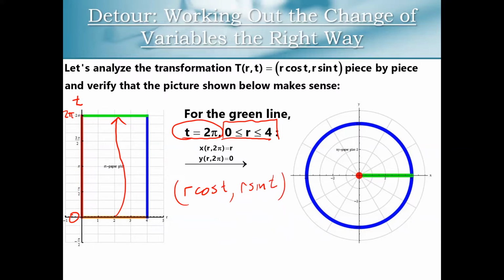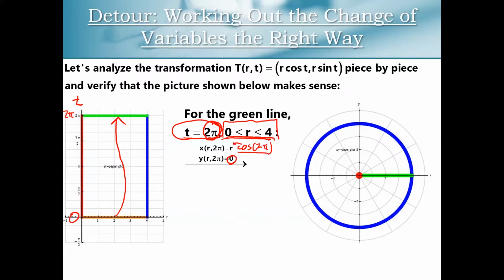Well, t is going to be fixed at 2 pi, so you want to imagine plugging 2 pi in for these t values, and then allowing r to vary from 0 to 4. We know that sine of 2 pi is going to give us 0, while cosine of 2 pi is equal to 1, so I didn't even write it here because 1 times r is still r.